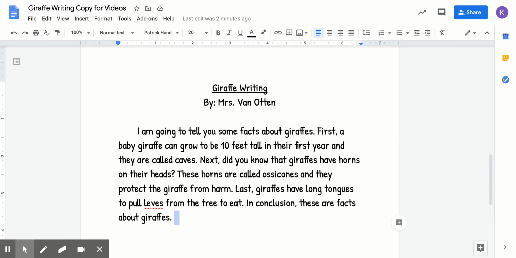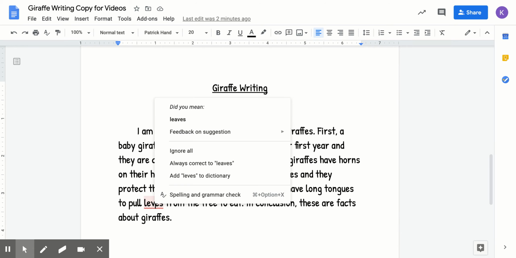So to do that, you can see that right here. Do you see how I have this word spelled wrong? There's this red squiggly line underneath it. That means that that word is spelled wrong. What you do is you hover over it and it kind of turns it red. You take your 2 fingers and you click, and this thing will pop up and it says, "Did you mean leaves?" I'm like, "Oh, yep, that's what I meant."